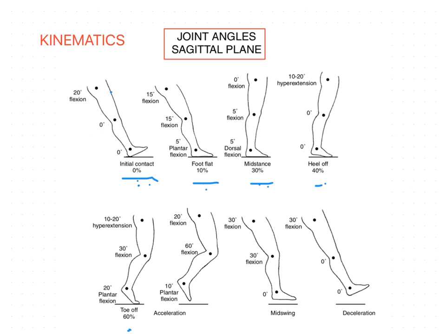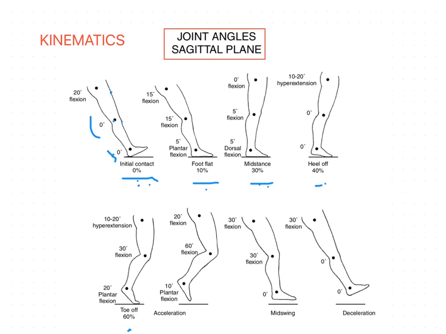Here it requires 20 degrees of hip flexion. If you see the remaining joints, the knee and the ankle, the ankle is in neutral position, and there is no angulation at the knee, that is 0 degrees, so it is in extension. Hip flexion required for initial contact ranges from 0 to 30 degrees; here they have taken 20 degrees.